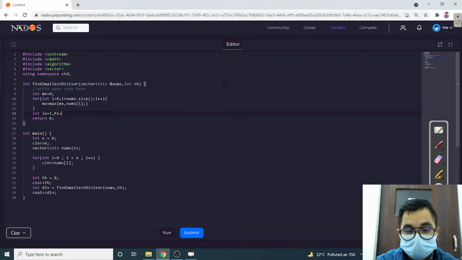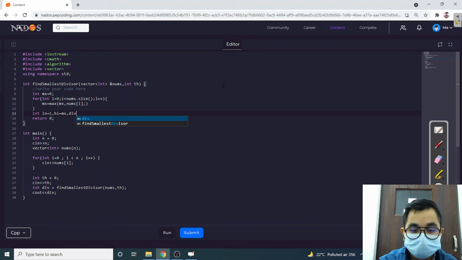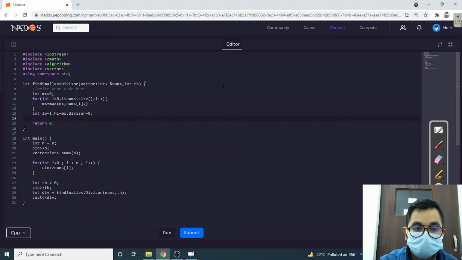Now high should be equal to mx, and one thing we were doing was finding the divisor. So let's create a divisor. Okay, so this is my divisor. Let's start it with 0. It doesn't matter because we are going to change our divisor with mid when we are going through our loop.